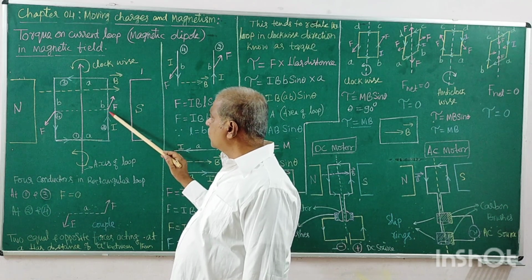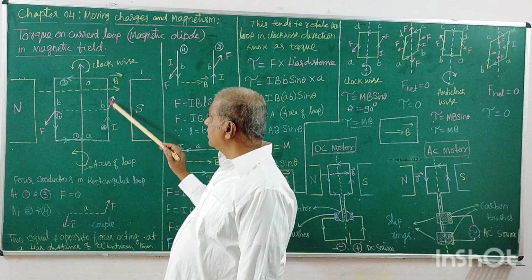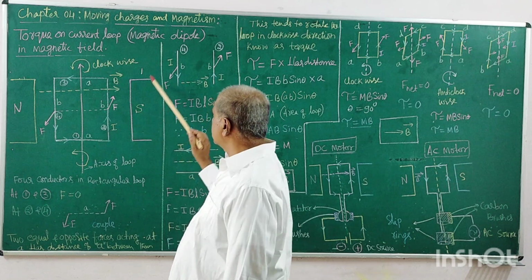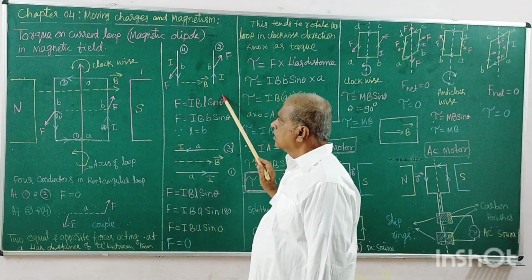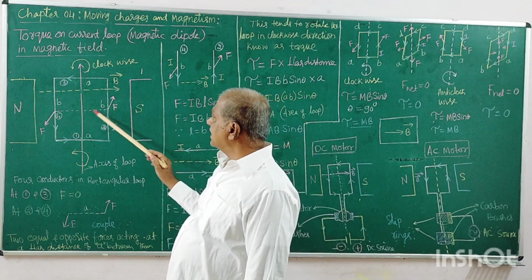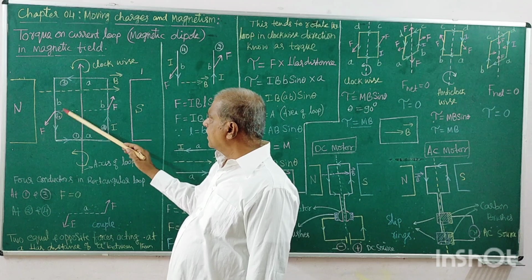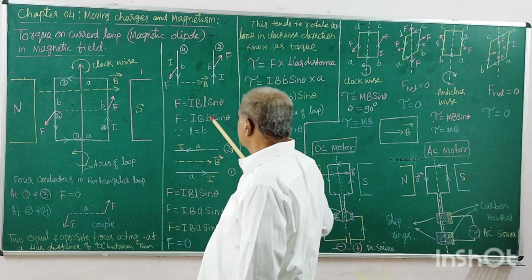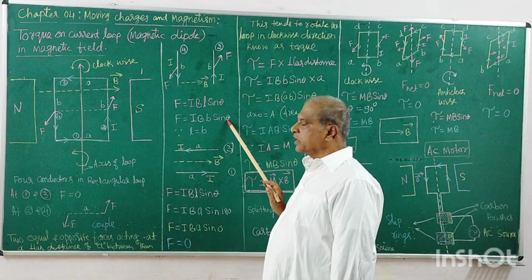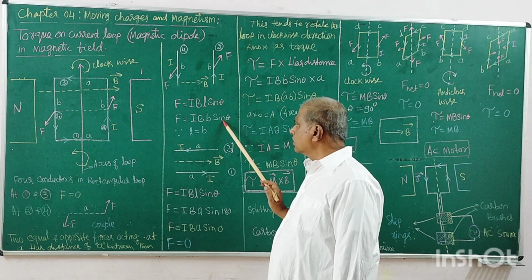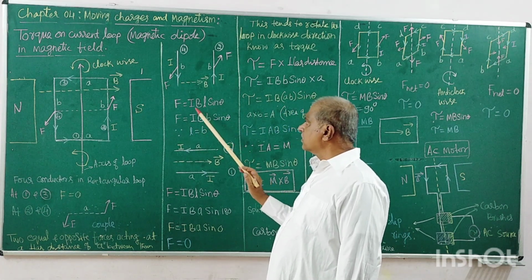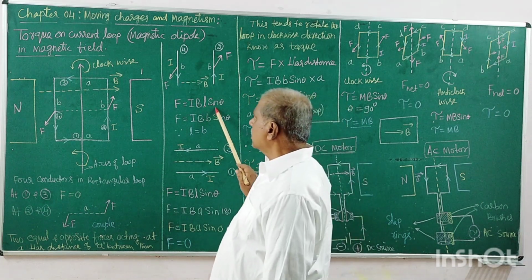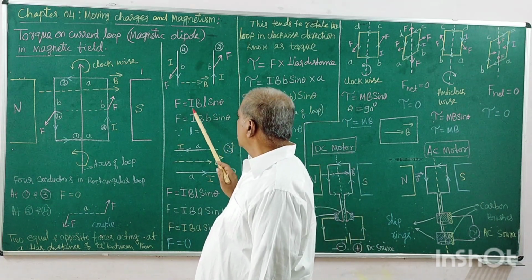Let us calculate the force exerted on this conductor with the same formula. This line is perpendicular to this line, so that is sin 90, which means 1. 1 times this is I B L. Here it will not become 0.